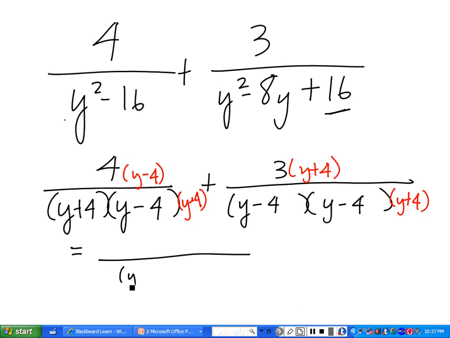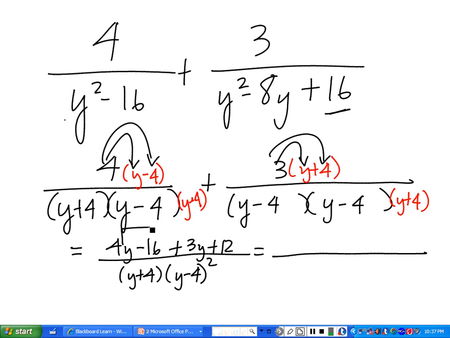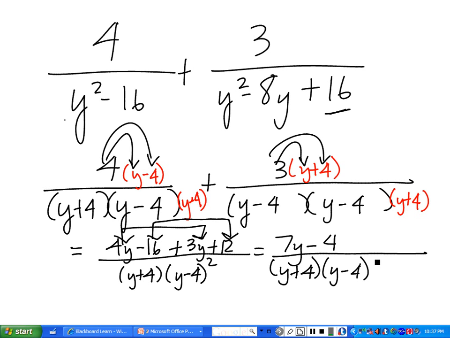Now, 4 times y minus 4 is 4y minus 16. Then distribute over here, we have plus 3y plus 12. 4y plus 3y is 7y, and negative 16 plus 12 is negative 4, over y plus 4 times y minus 4 squared.